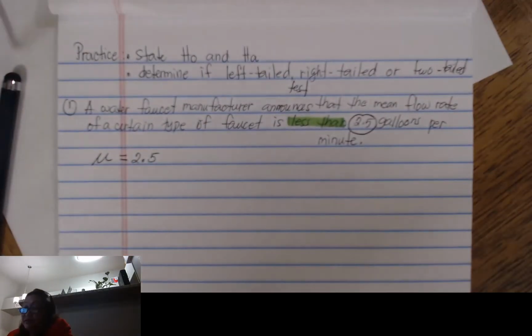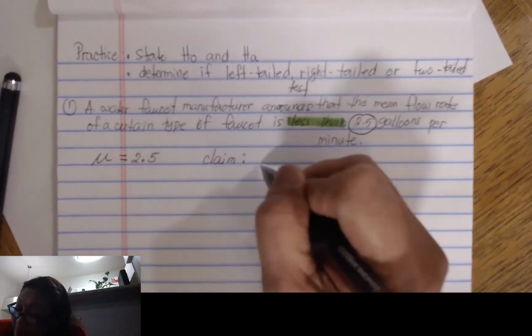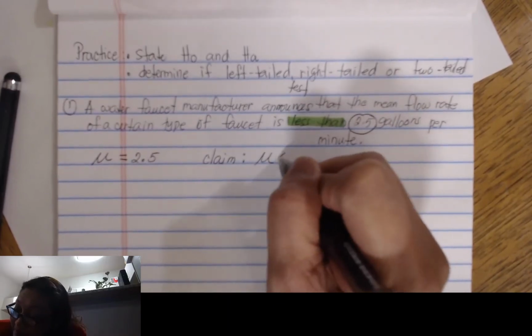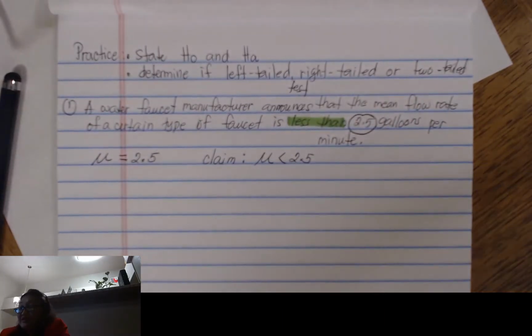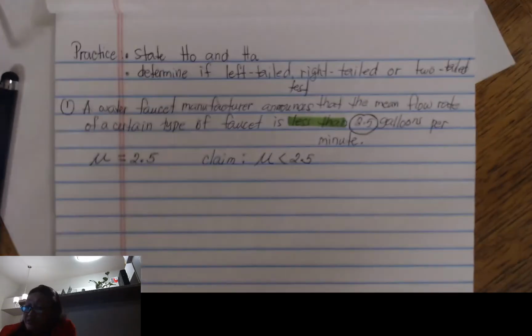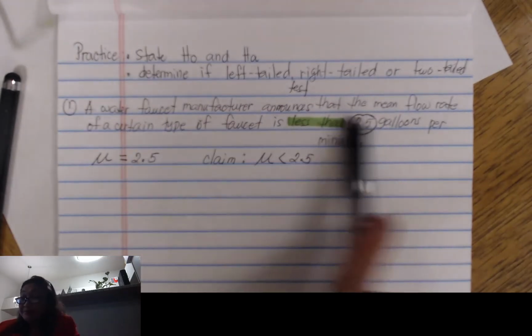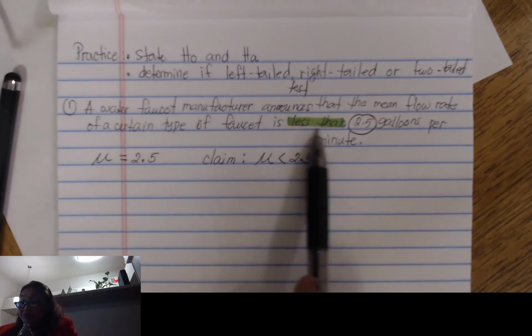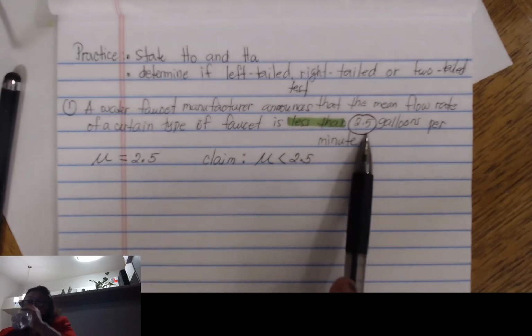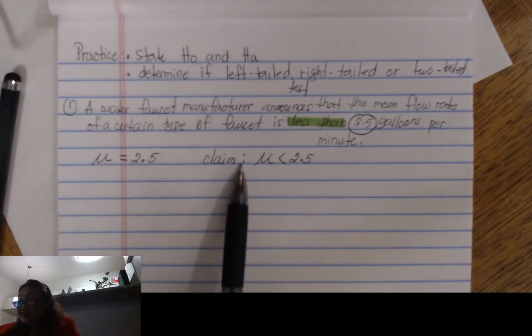So the claim is that mu is less than 2.5. That's given to you from the given information. Identify your mean and then write your claim.